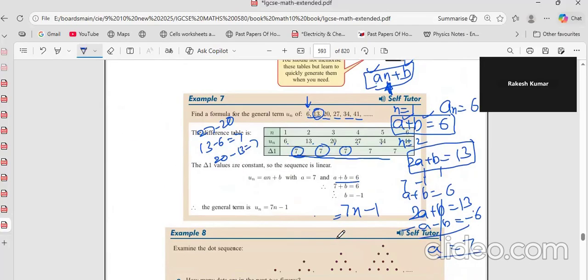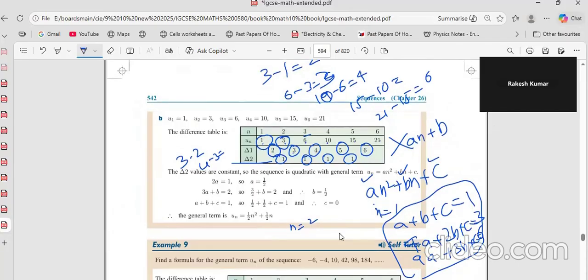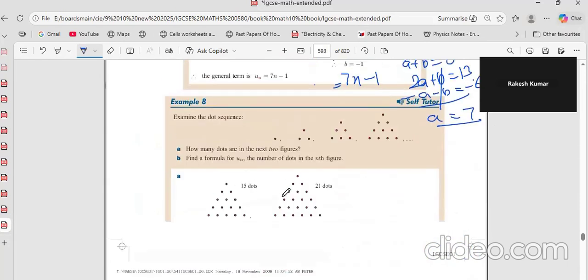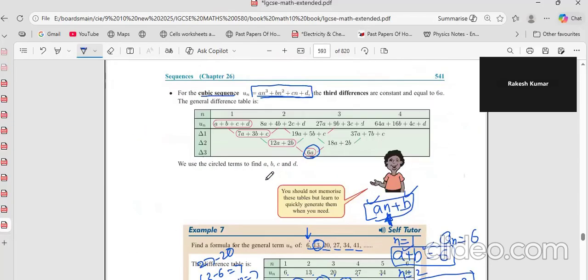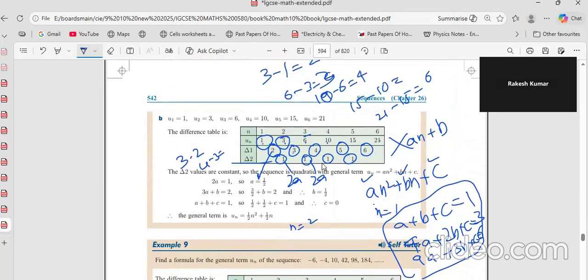So the second difference is always 2a. Then this term, if you match this table with this table, you will find this is 3a plus b. So 3a plus b is 2. I know a is half, so I substitute half here and I get b.